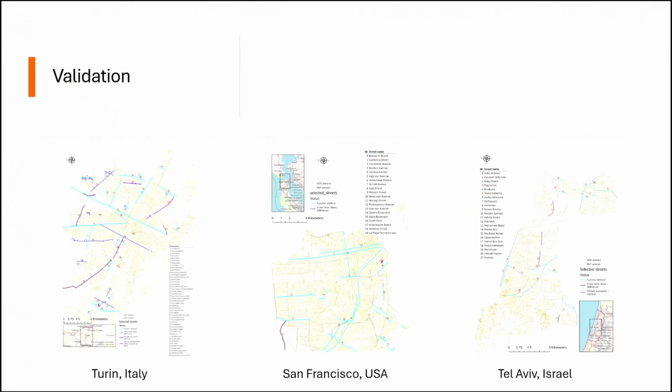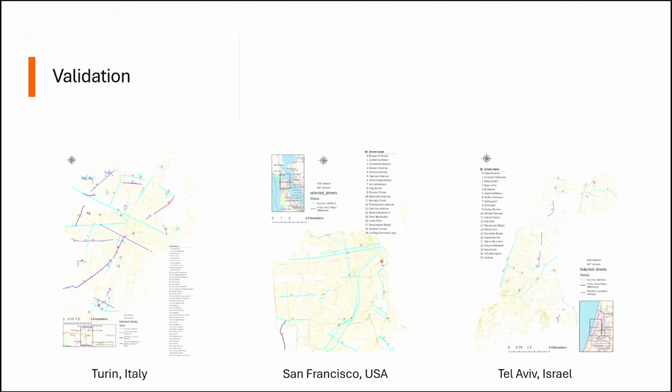We also made some validation, which means we chose 10% of the streets and inspected them manually. We did it in Turin, Italy, as I showed you before, and San Francisco and Tel Aviv, Israel.